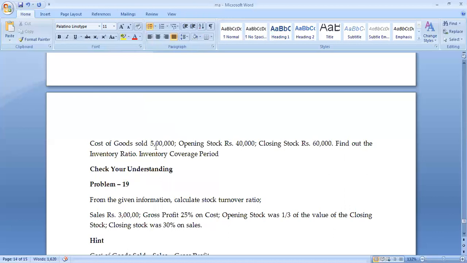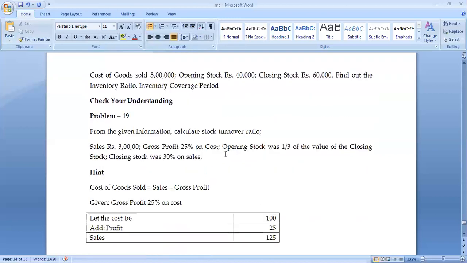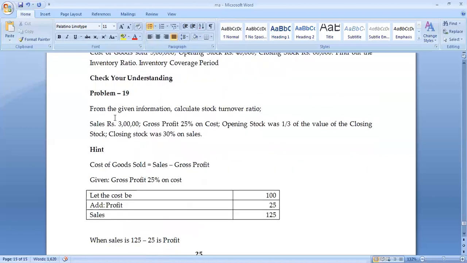So it is very clear. Cost of goods sold is given directly. Opening stock as well as closing stock is given directly. No need to worry. Whatever value you get, 365 divided by the stock turnover ratio gives you the inventory coverage period. Clear? Now, from the given information, calculate stock turnover ratio.